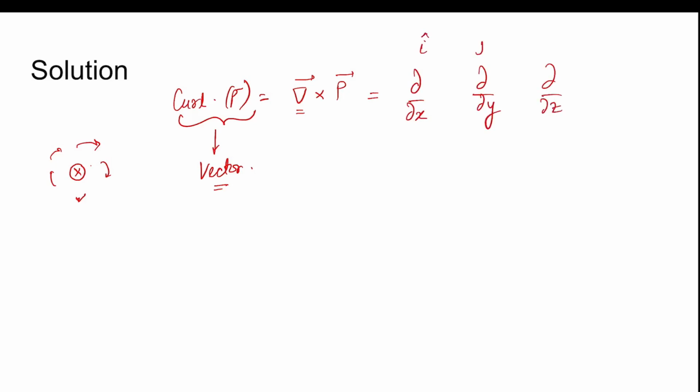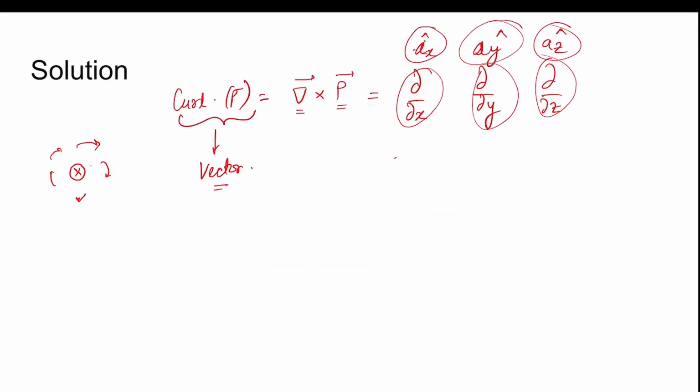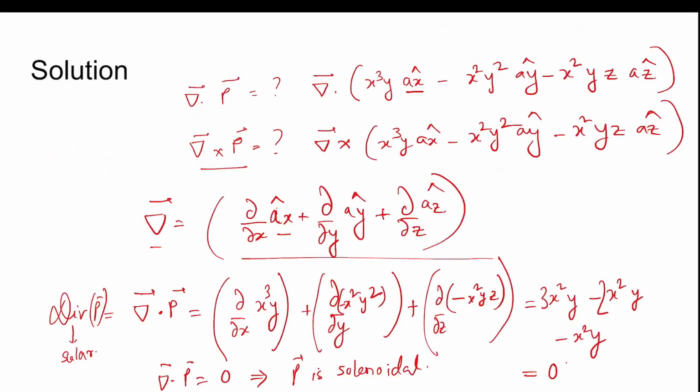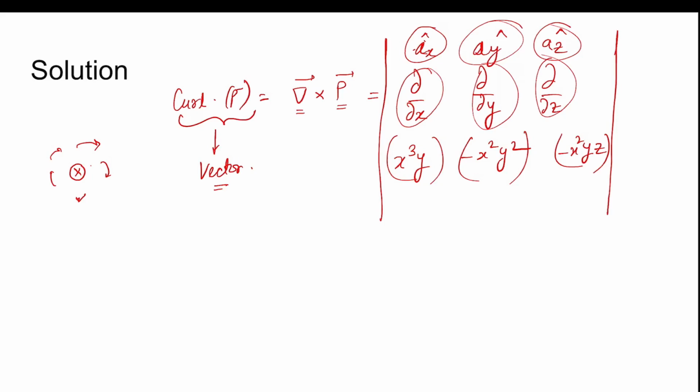It is found like this: ax hat ay hat az hat, then the operator's x y z components, and then P's x y z components, which are x cube y, minus x square y square, and minus x square yz, and we take the determinant. This will give us the curl.